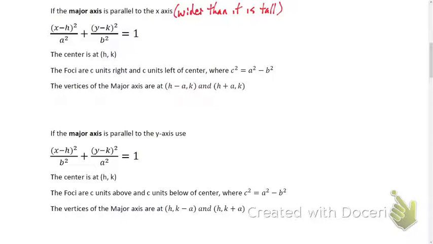Now that still doesn't tell you enough. So go off of the larger denominator. If the larger denominator is under x, it is wide or wider.